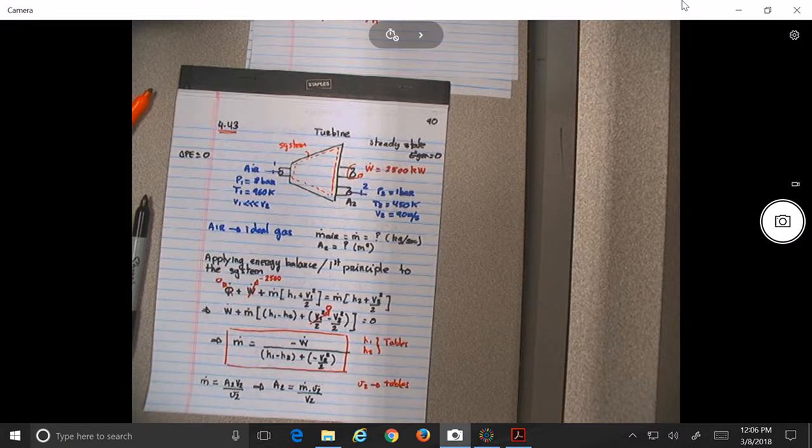Or maybe not. If you don't find it from the tables, from where can you get it? I think probably there's no tables for this one. My guess is that you needed to get it from the relation PV equal RT. Yeah? So that v here will be equal to RT, so I guess it's R bar T divided by P. Okay?